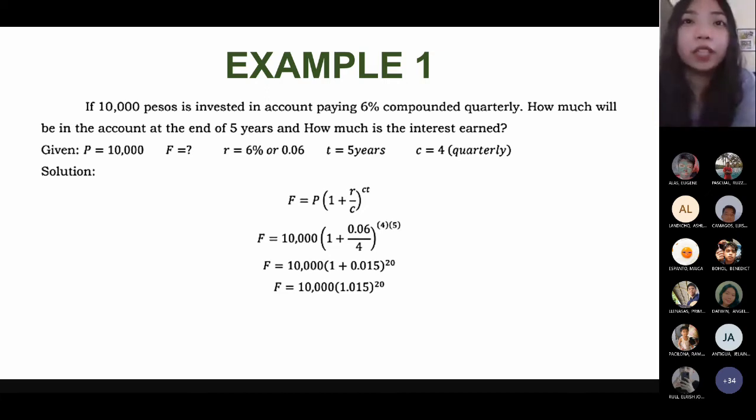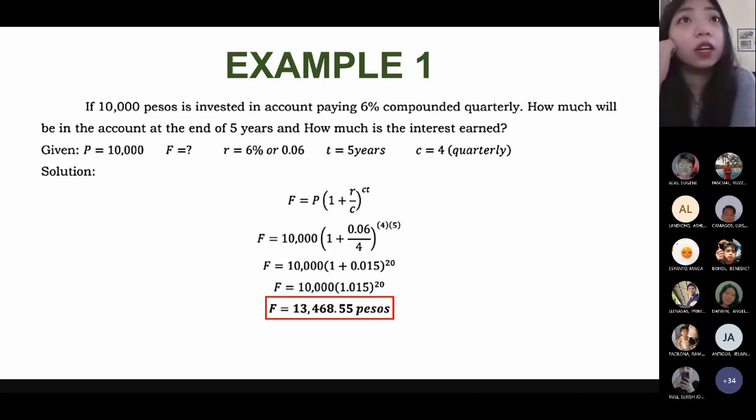So when we evaluate this, 10,000 times 1.015 raised to 20, we will have our maturity value after 5 years ng investment na ito, that is equal to 13,468.55 pesos. So that is our final answer for our maturity value.